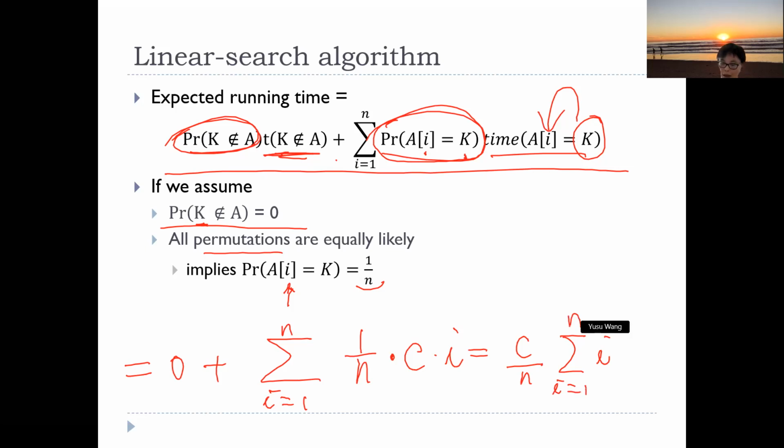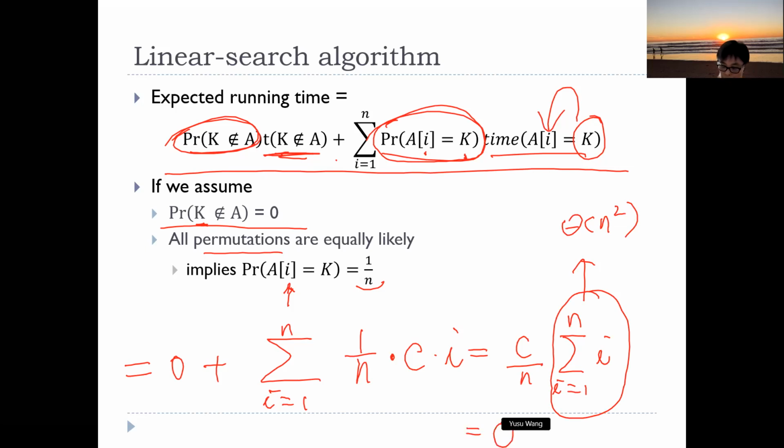Okay, now what is this? This is an arithmetic sum. So this gives us the sum, and multiplied with C over n, the n cancels. Okay, so under this input distribution, the time complexity is still linear.